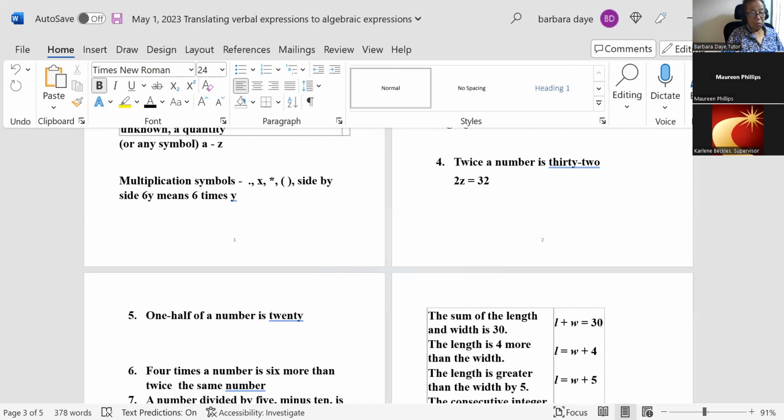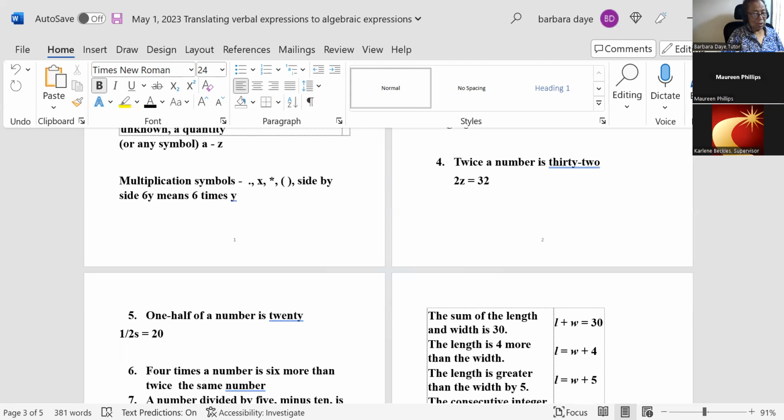I will put 1/2, and I can use a slash. And you call that what? S. Yeah, S, okay. Is 20. So how about I write "is 20"? Equal. Okay, that's right. Is equal, and then 20. That's it.